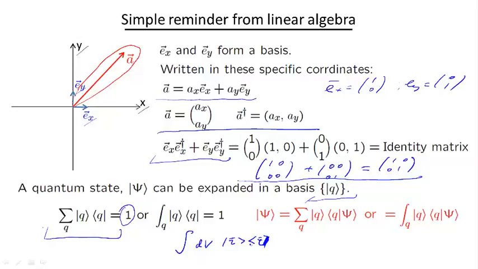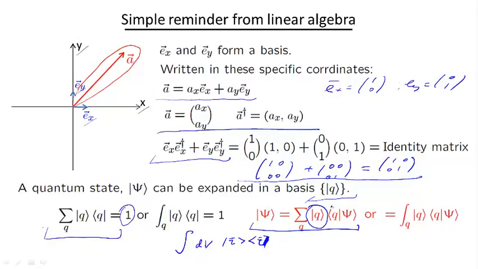Another thing I want to mention here is that any wave function, so what basis really means is that any vector in a linear vector space can be represented as a linear combination of the basis vectors. Just like here, I represented my vector A as a linear combination of Ex and Ey. So the fact that I have a basis here implies that I can represent my wave function or my state vector as a linear combination of these Q's.